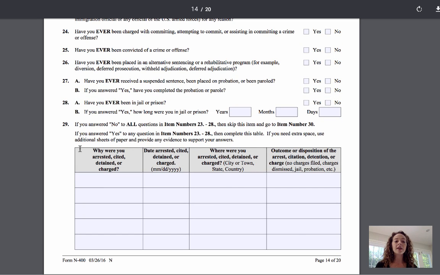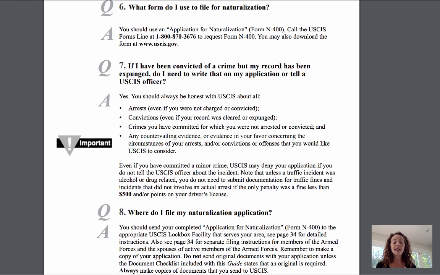Now right here, frequent questions and answers from USCIS. If I have been convicted of a crime but my record has been expunged, do I need to write that on my application or tell a USCIS officer? Yes, again, yes.